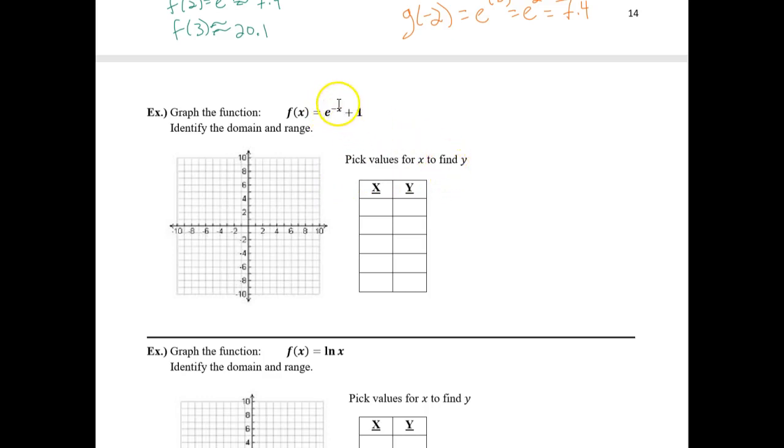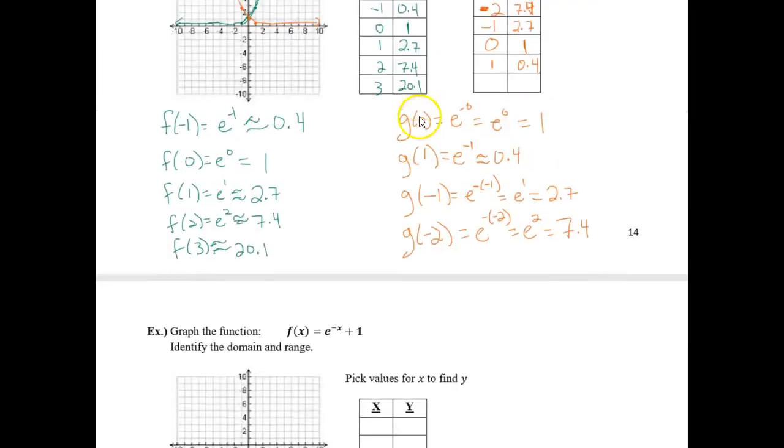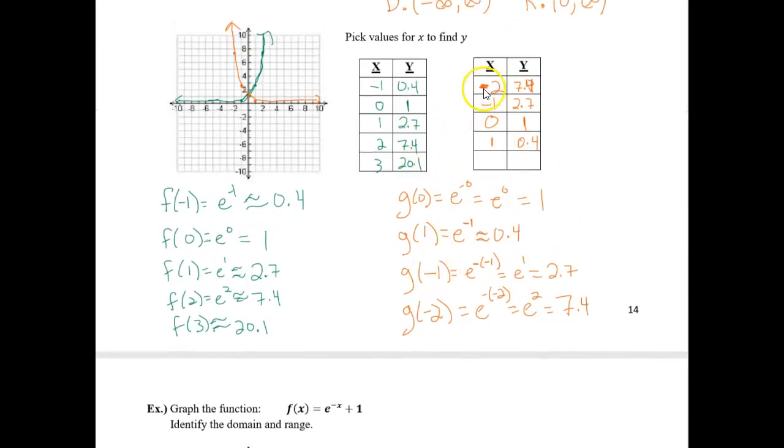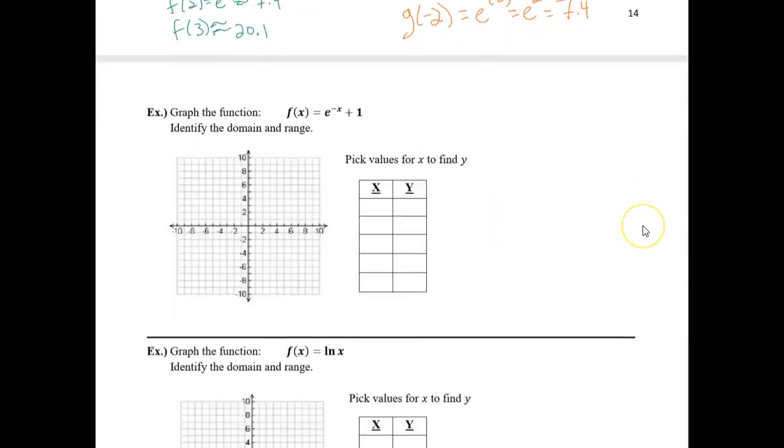So I'm going to plug in some x values, get out the y values, because this is an exponential function. The base is e. E is 2.7 approximately. And I have a negative here. So just like we did in this last example, we know we need to plug in negatives because a negative makes a positive. So I'm going to plug in -2, -1, 0, and 1 to see what happens.